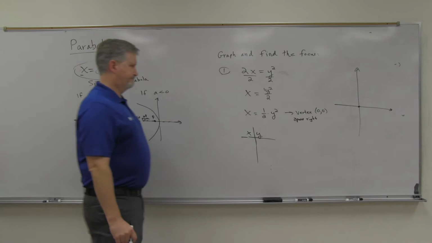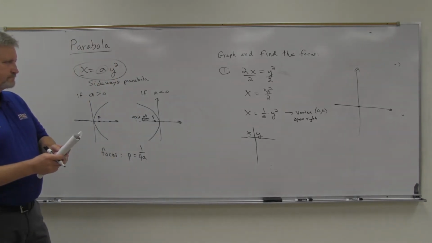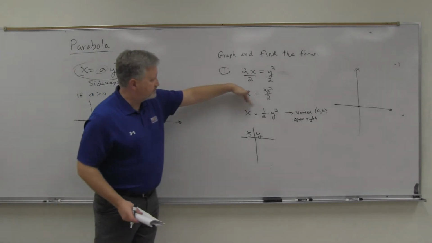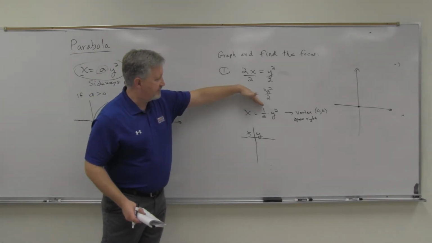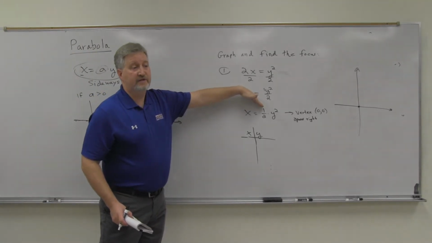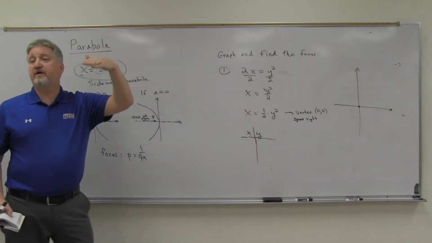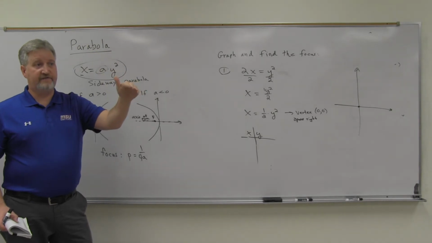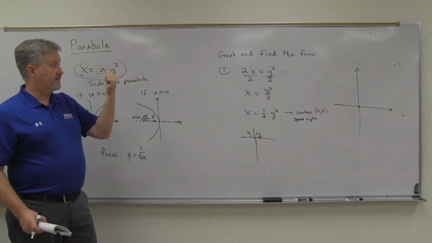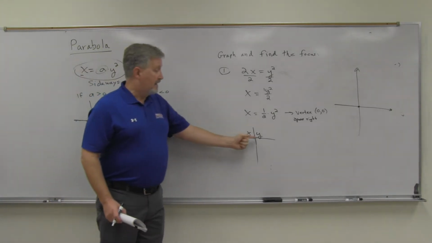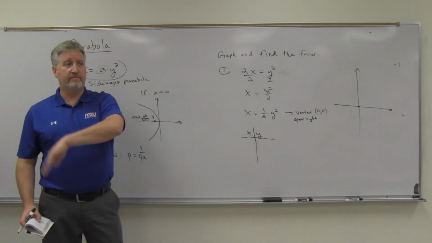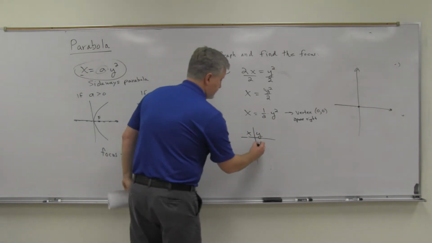Now, for the table, which values would you say would be better to pick as far as this formula goes? Wouldn't it be better to pick the y values? So, just like I did on the first example, I'm going to pick the y values and make them -1, 0, and +1. You can do more if you want to.